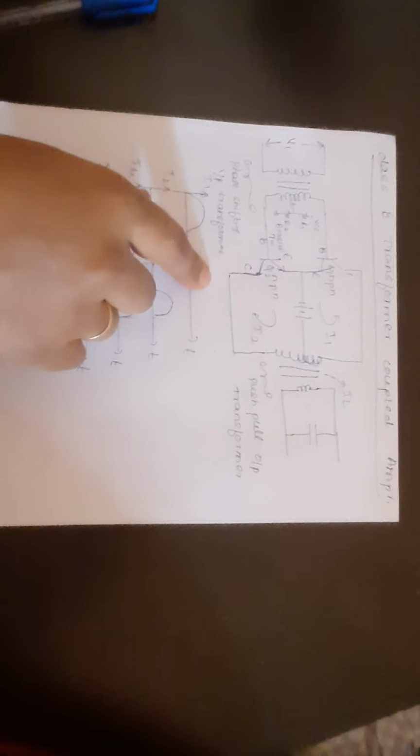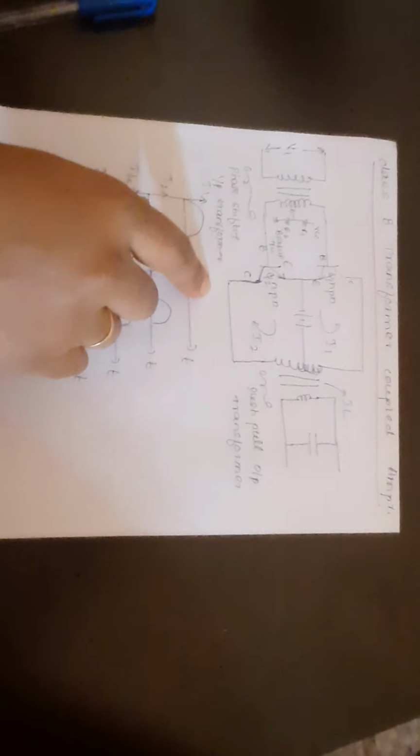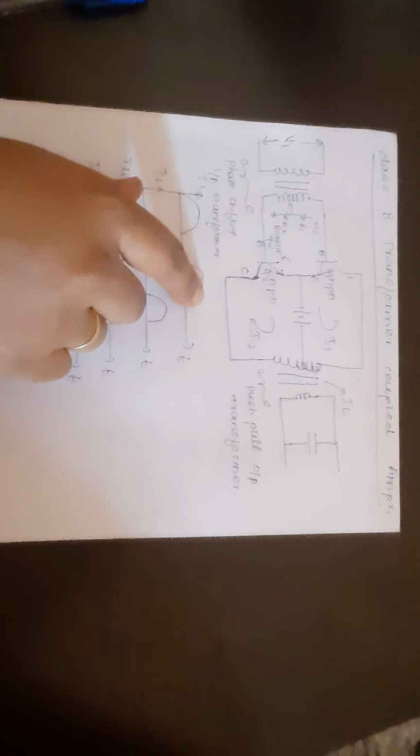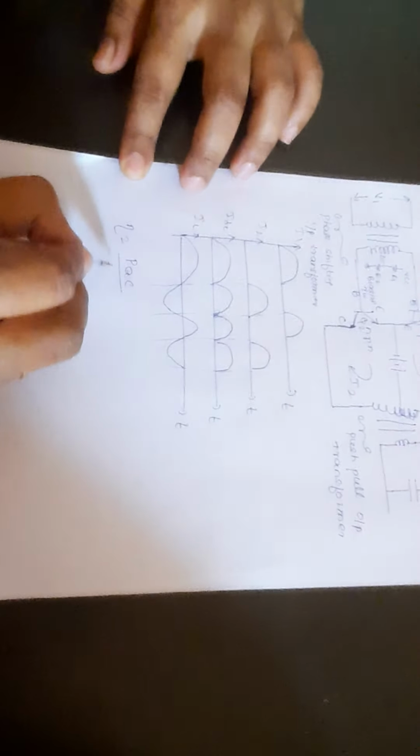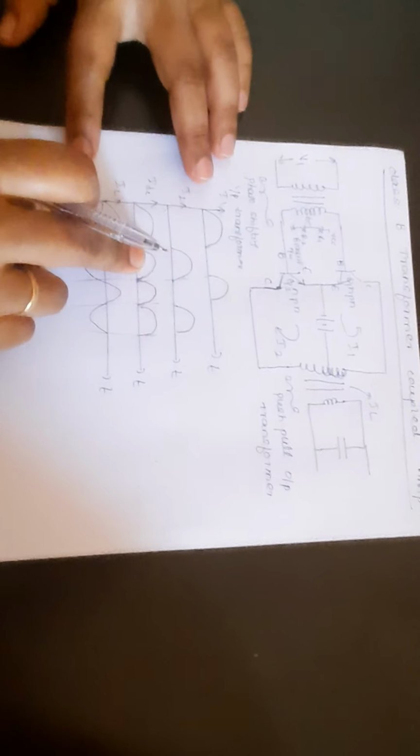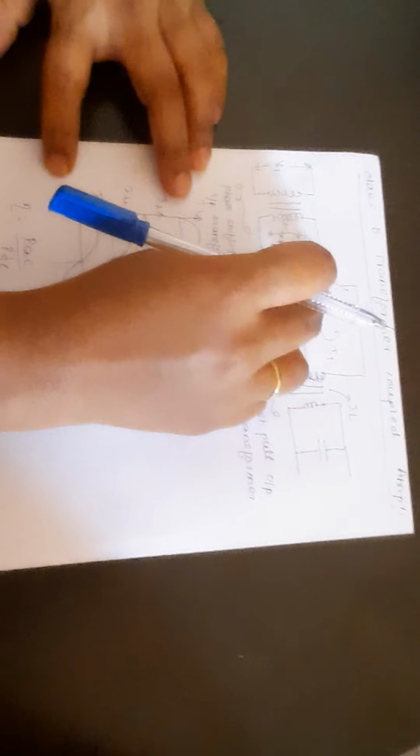The efficiency of the Class B transformer coupled amplifier is calculated as follows. Efficiency is given as PAC by PDC. So I'll first calculate PAC. And this is a graph where we have a current.